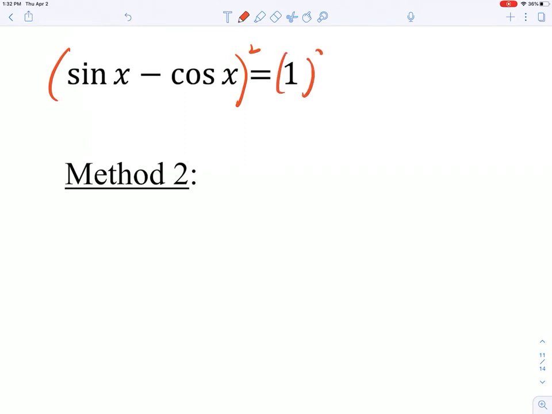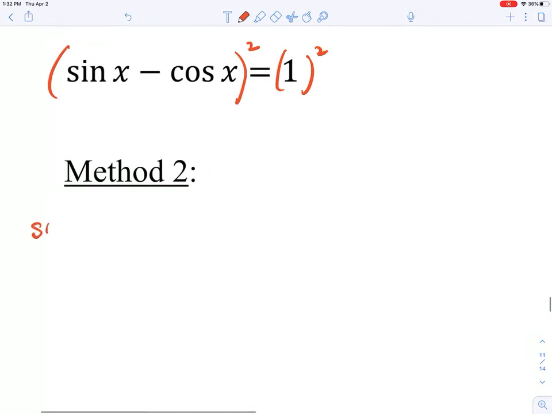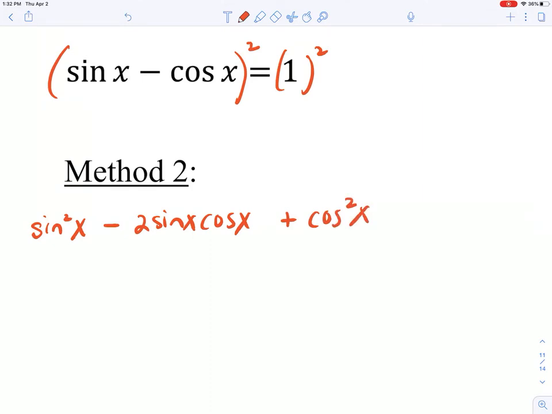So we're going to do that. When we square both sides, please remember the left-hand side does not turn into sine squared minus cosine squared. You need to think about multiplying out sine minus cosine times sine minus cosine. We get sine squared minus 2 times sine times cosine plus cosine squared equals 1.